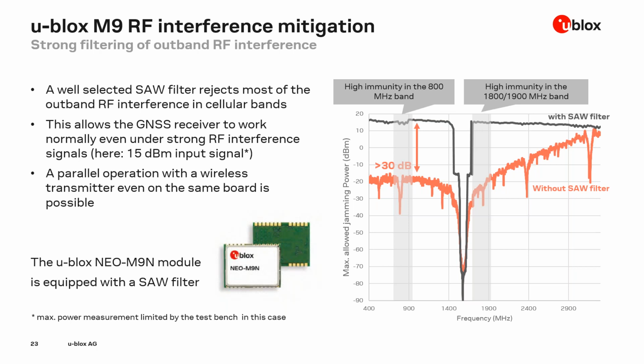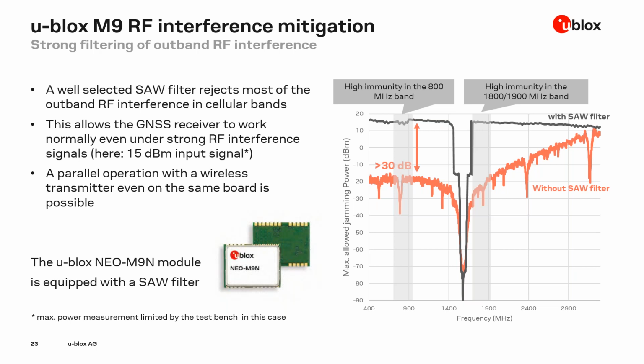A measurement we did here is that we put the maximum power level of RF interference to still let the receiver survive with this kind of signal. So it's a kind of artificial setup.